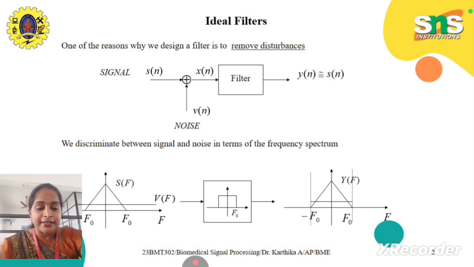See here in this first one, our frequency is F and our signal is S of F, and the frequency plot F0 has two parts, one positive and another negative, minus F0 to plus F0, and finally we will get the signal with amplitude and frequency. The primary thing is we have to design filters to remove disturbances, that's it. And in this we have two types, one is IIR, another one is FIR. In this lecture series we are going to discuss FIR filter design.